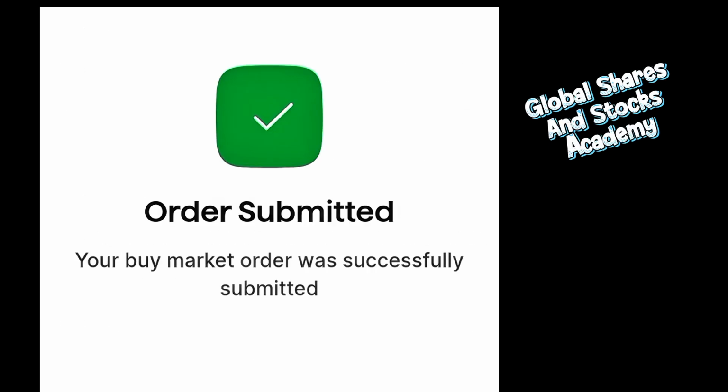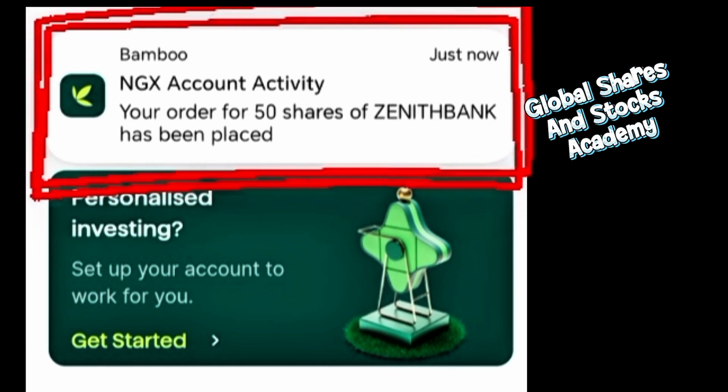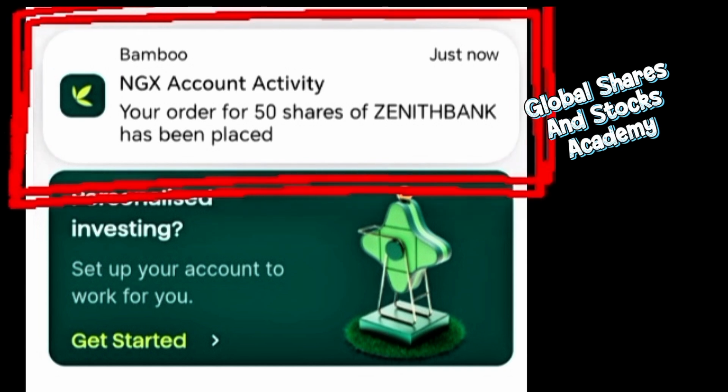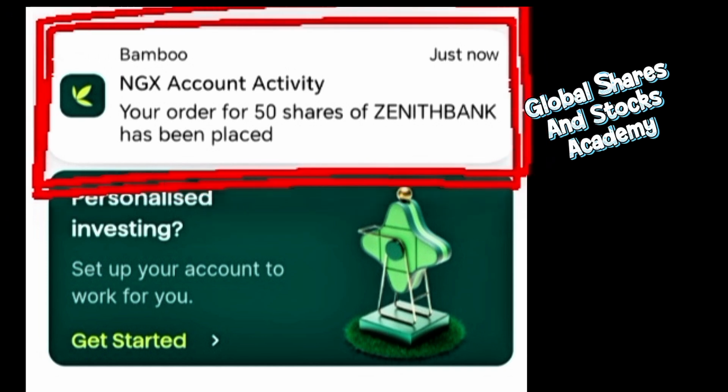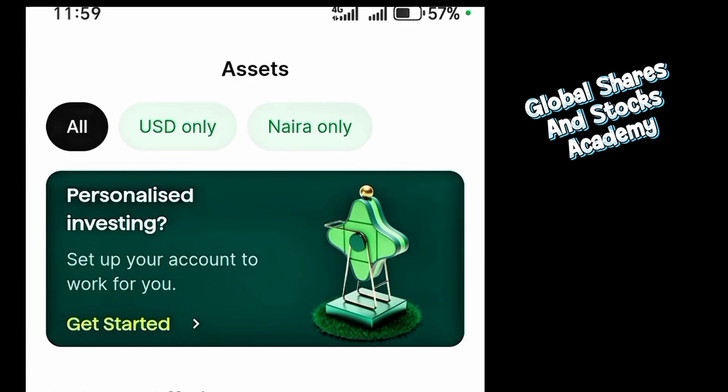Then you say okay, thanks. You can see your order of 50 shares of Zenith Bank has been placed. You can see that at the top of my phone. That is the alert, the notification that has been given to me that I just bought 50 units of shares of Zenith Bank. So like this, you have successfully bought your Zenith Bank shares on the Bamboo app.